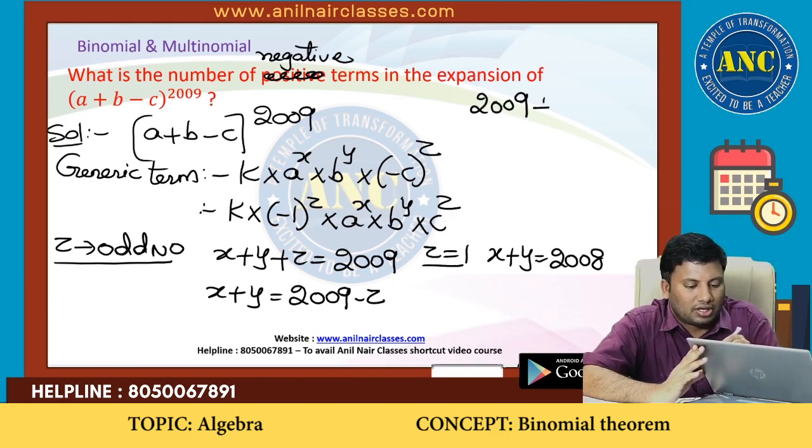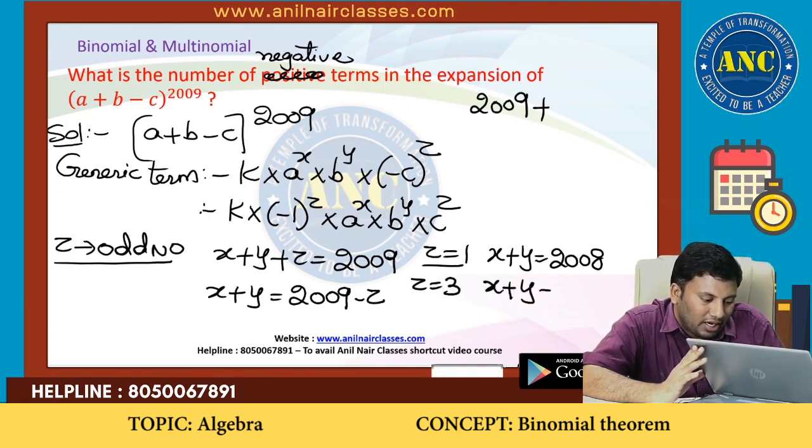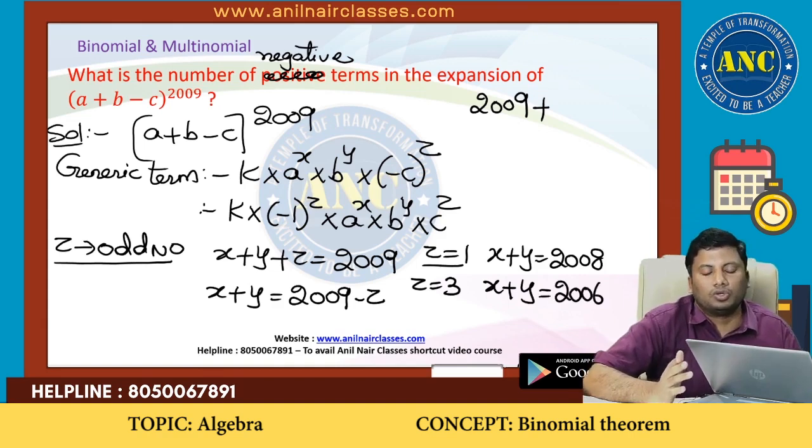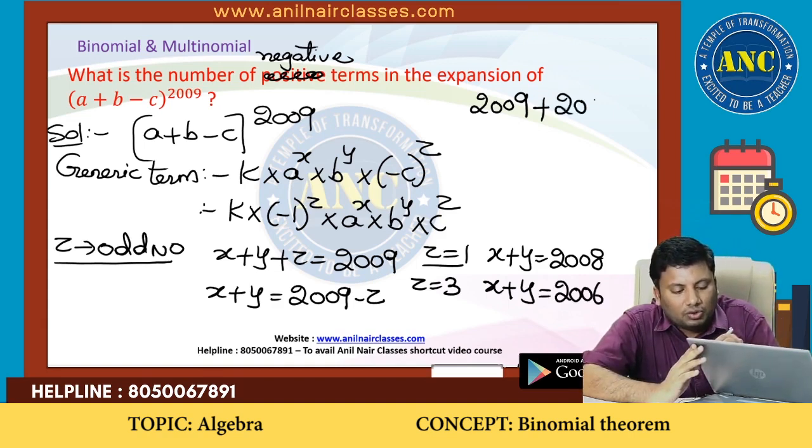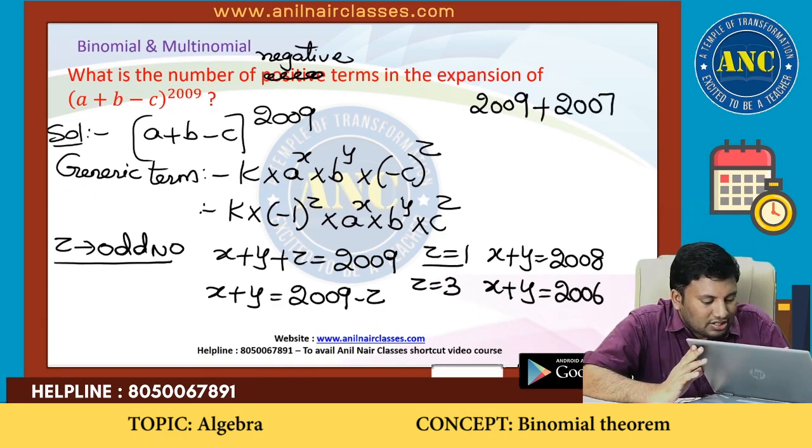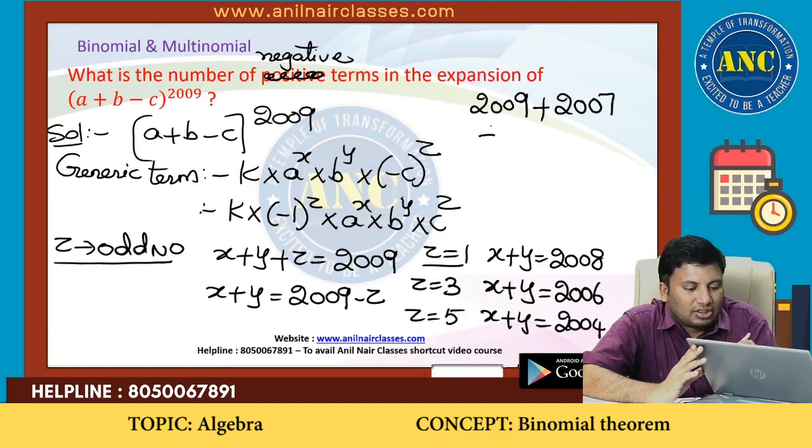First solution. Next, z is 3, x plus y equals 2006, so I get 2007. Z equal to 5 gives x plus y equal to 2004, so 2005, and it goes on up to 1.